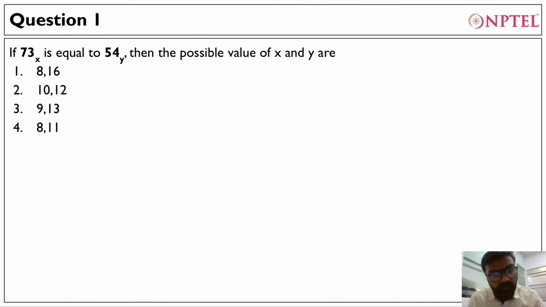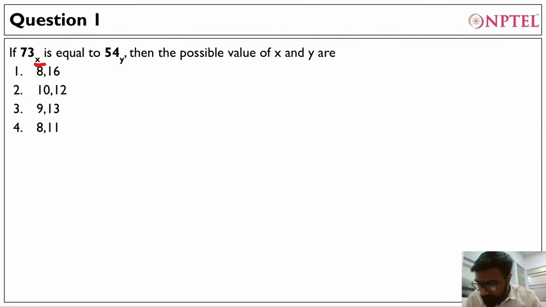If any number is being represented in the form of any base, a couple of things have to be kept in mind. If I have a base x, whatever number I am representing with base x, each digit of this number will be lesser than x. What does it mean?